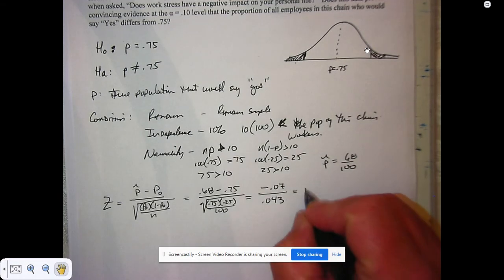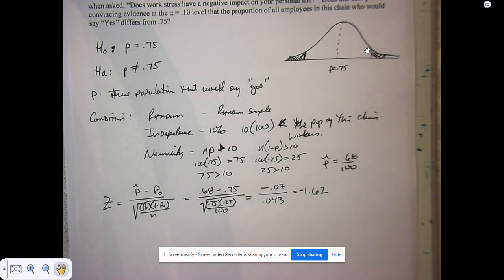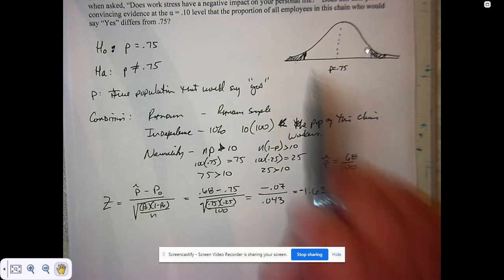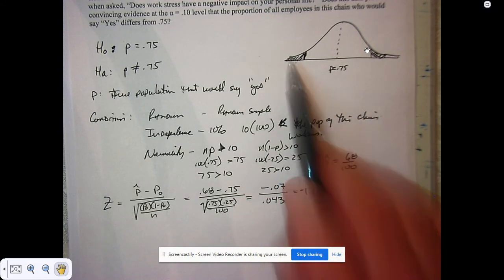I think we get 1.61, which is basically 1.62 negative. So our z-score is going to be 1.62 negative, and that's down here. More than one standard deviation, less than two standard deviations away.